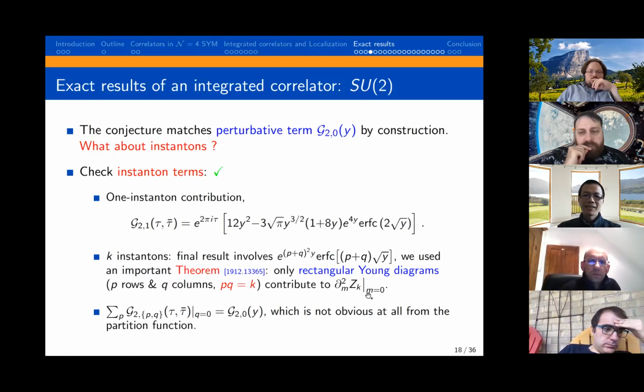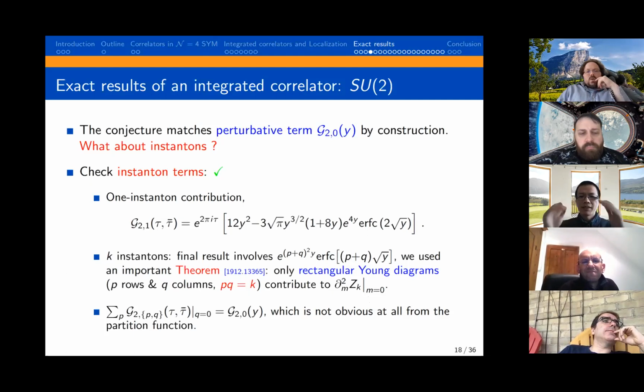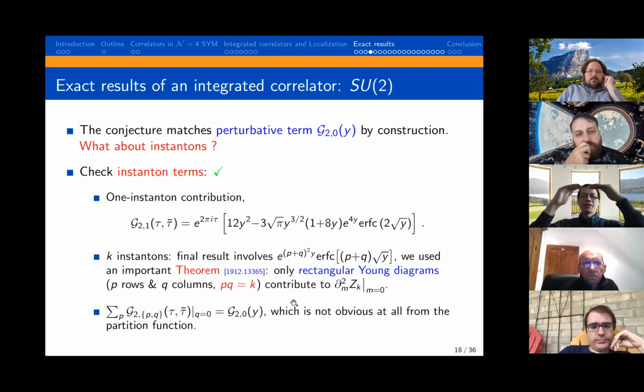For that, in our early work, we were able to prove that not all the Young diagrams contribute. It turns out only the so-called rectangular Young diagrams, with this rectangular shape. For k instantons, you want the rectangular diagram with, say, p rows and k columns.